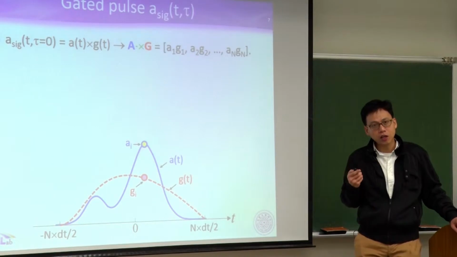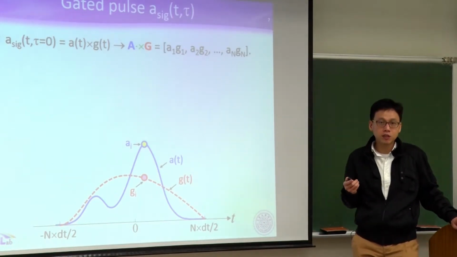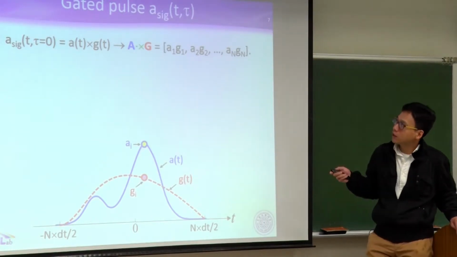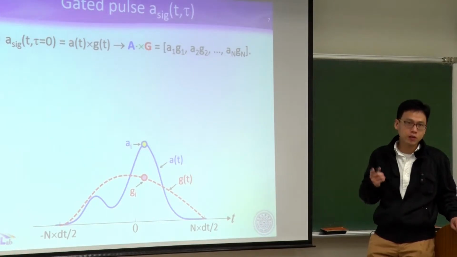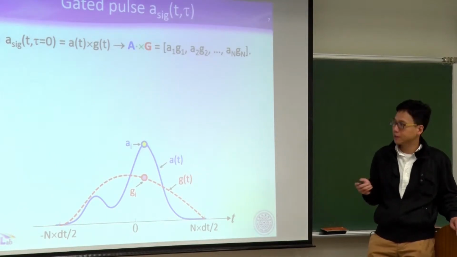We have to start with the gated signal, because the FROG trace comes from the collection of many gated signals. By definition, your gated signal A sub sig of t when tau equals 0, a very special case, should be A of t times G of t.